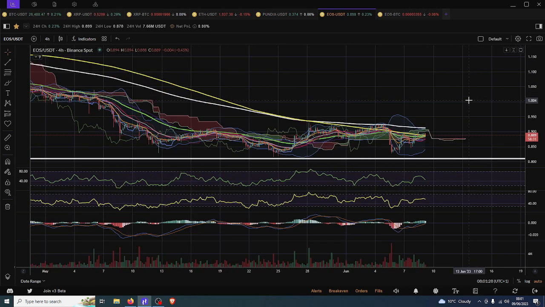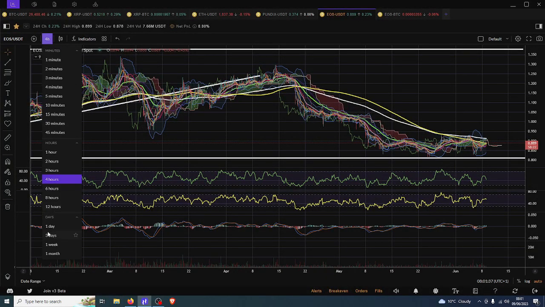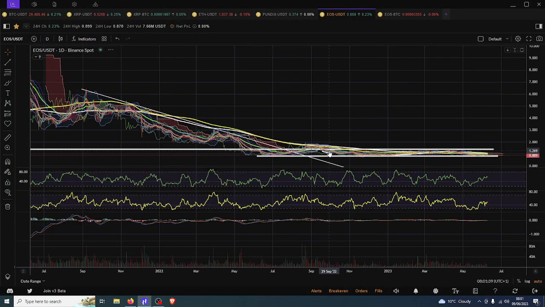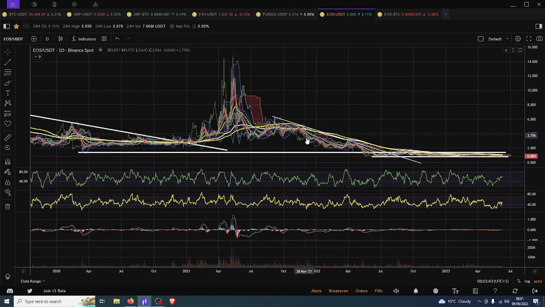So look, there is evidence enough to think that there is going to be some life in EOS in the short term. In the long term, I think that this area down here is reasonable to think about scraping up. Again, it's an altcoin of extreme disappointment for most people, most of the time.